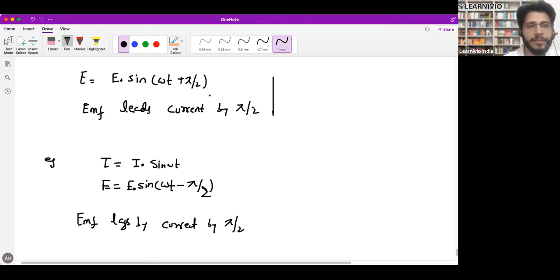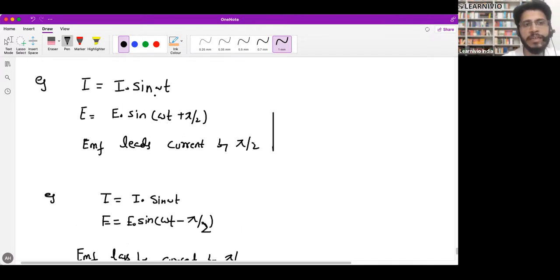Can I write that if EMF is leading current in the earlier case, then current lags EMF by pi by 2? The same thing. If I'm writing that EMF is ahead of current by pi by 2, I can similarly write that current is behind EMF by pi by 2.